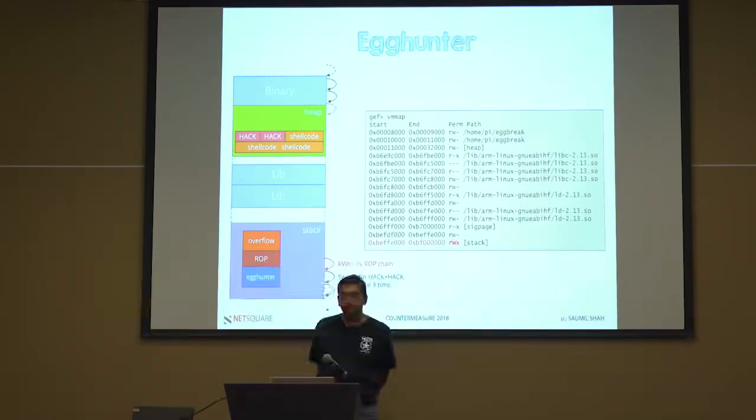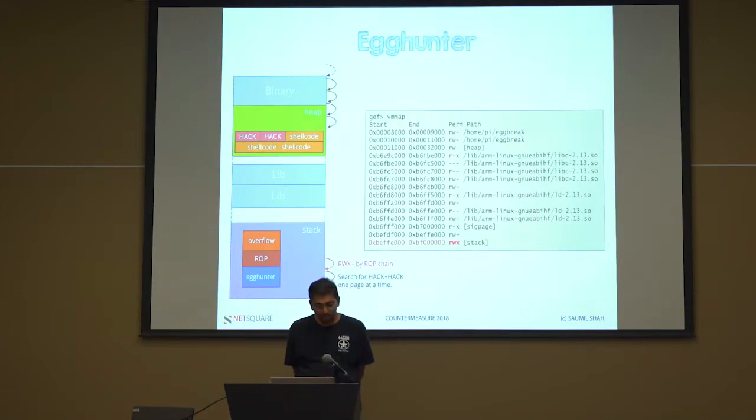So it's going to keep on looking. If it hits the bottom, it's going to wrap around at the top and scan these pages until it does find 2 occurrences of this string, and then it's going to jump to it. The problem is the heap is not executable. Right? So this is where it's going to fail, and you're going to run into a problem.